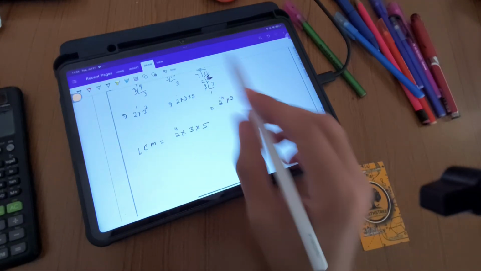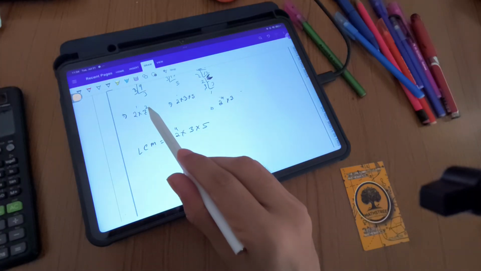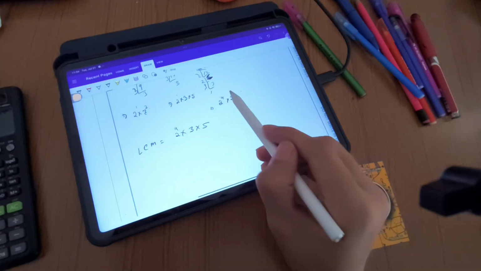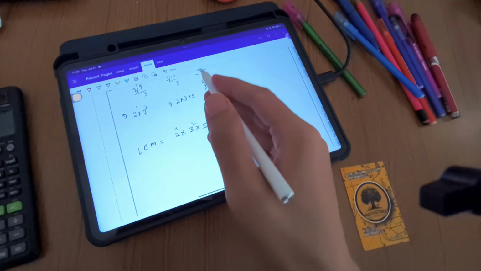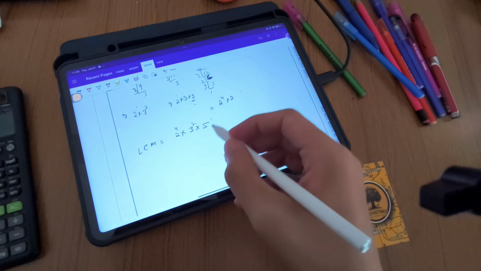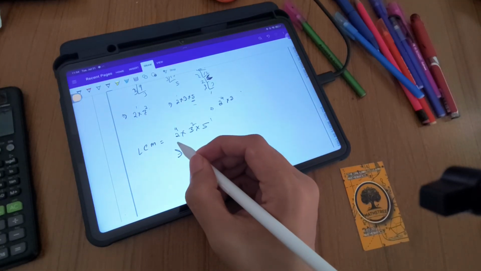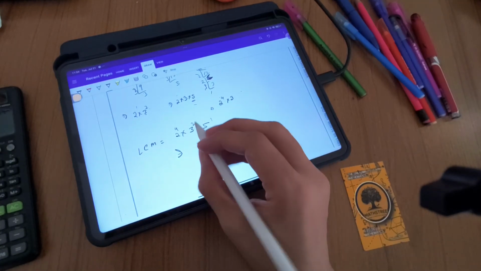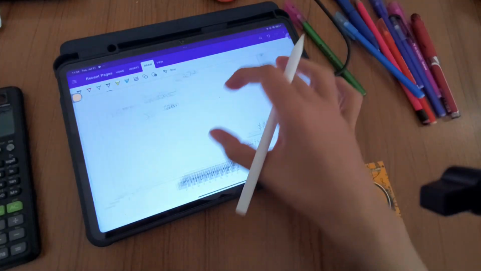Next we choose 3: there is 3 square, then 3 to the power 1, 3 to the power 1. So we choose 3 square, and then we bring down 5, which exists only here. After calculation, our answer should come somewhere around 720. So 720 should be the answer.